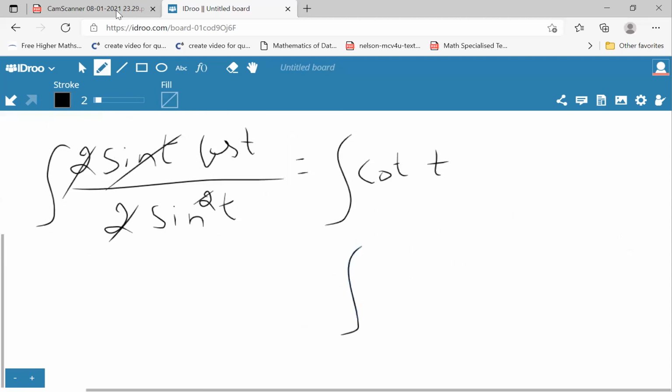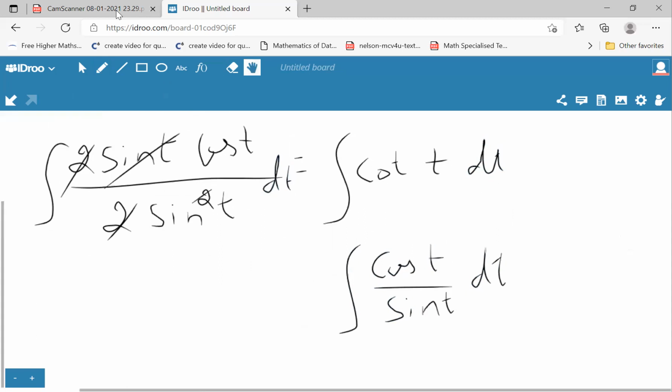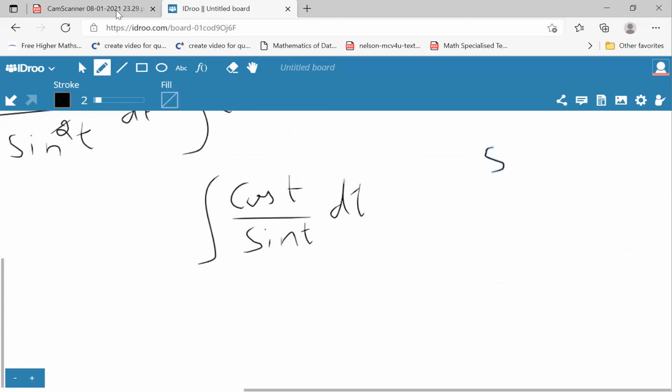Now cot can be written as cos t by sine t. Here I can take sine t as u.